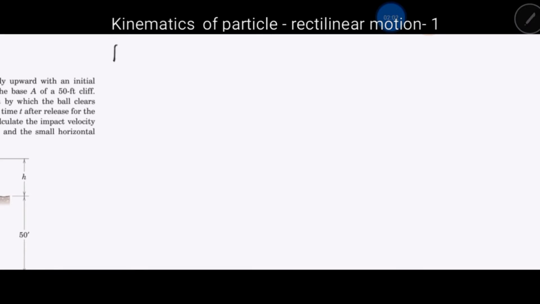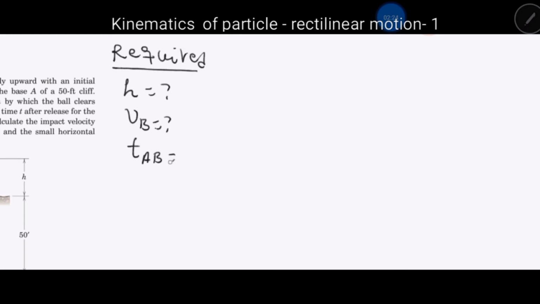And now let's take out the required values. The required values are, first, h, and the second one is the time of travel, and then the velocity.